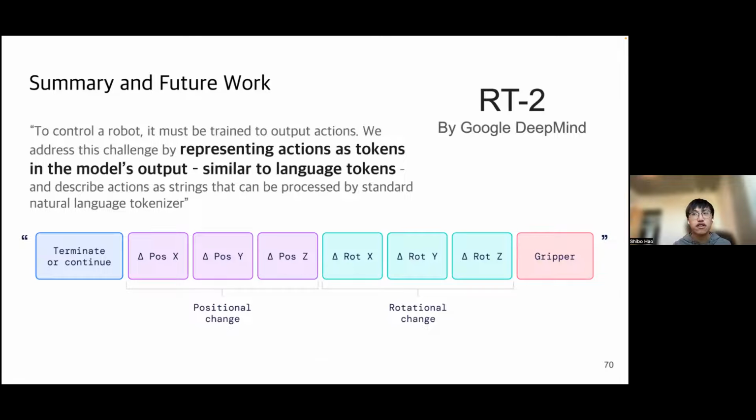We have seen some similar ideas in other domains, like RT-2 by DeepMind, which is a robotic control large model. They also have special tokens to have the language model generate actions.